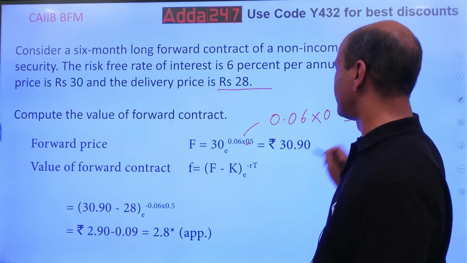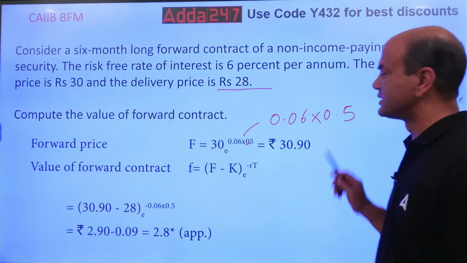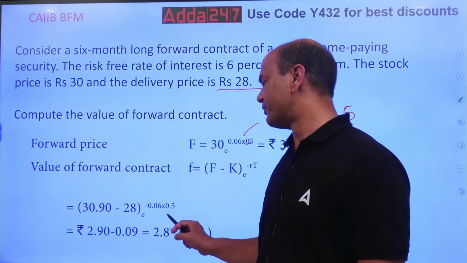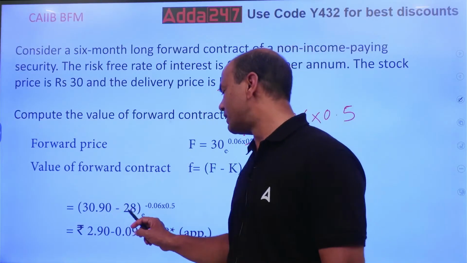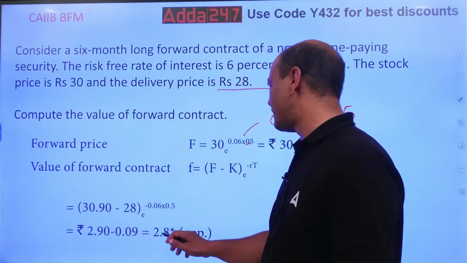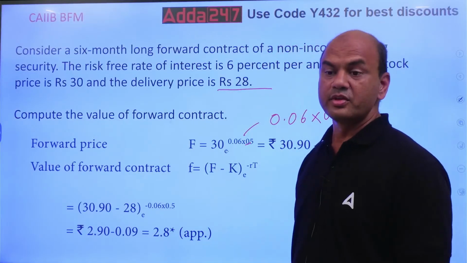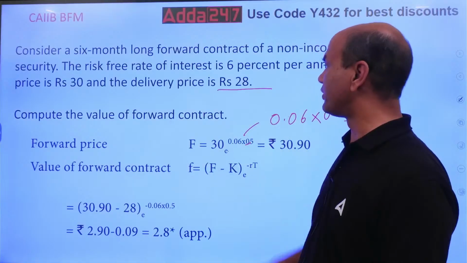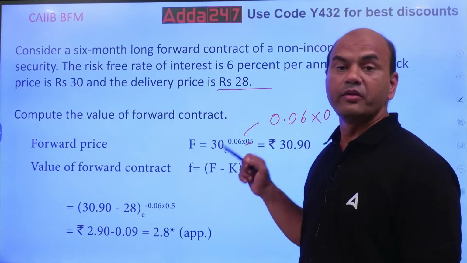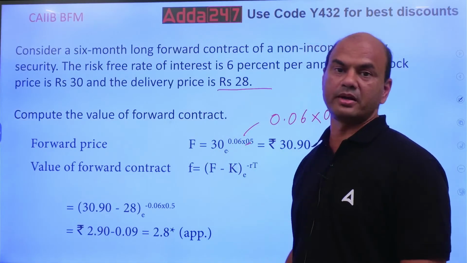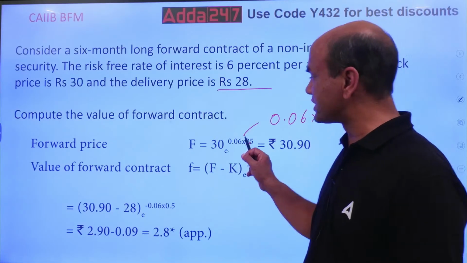So this same thing is repeated over here. Look at it. If you solve this, multiply this and solve it, you will get approximately 2.8. So this is the value of the forward contract. Value means this is a premium to be paid. This question comes in the exam.